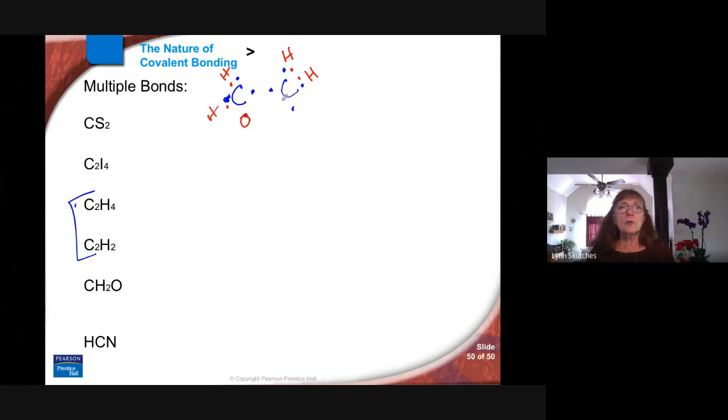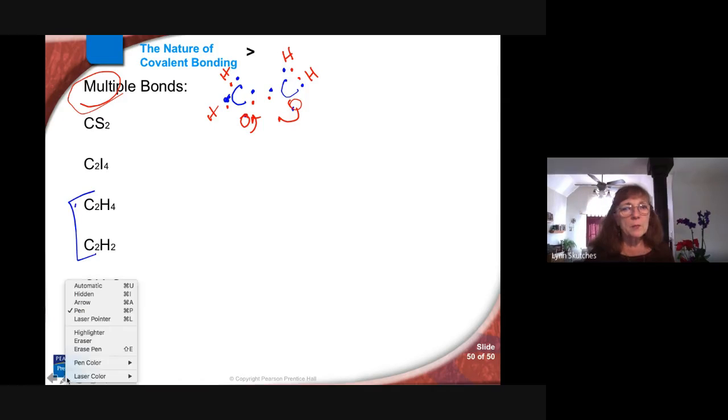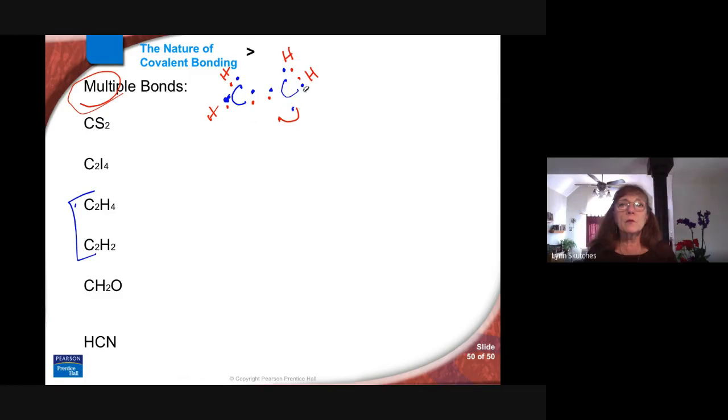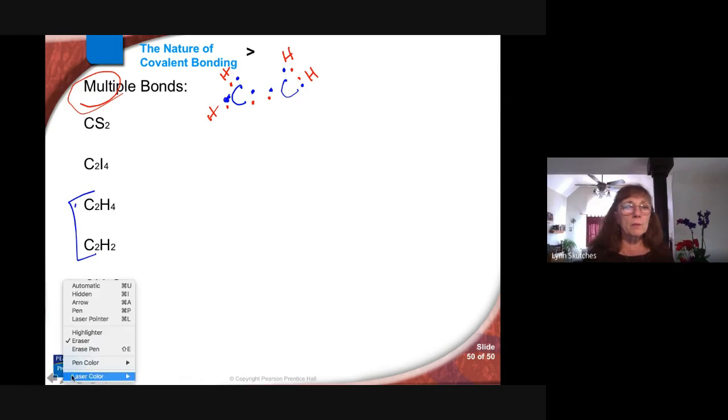Okay, hopefully you noticed that there were unpaired electrons, and hopefully you realize, since this was about multiple bonds, that those electrons need to shift to the space between the 2 carbon atoms because they'll be attracted to those nuclei. Okay? So what does that do for carbon? Well, it gets carbon its octet.